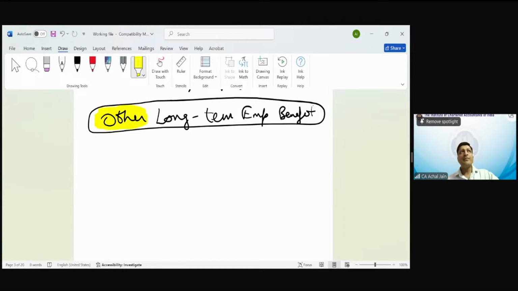It means a benefit which is neither short-term, nor post-employment, nor termination. That is what you have as long-term employee benefit. Now let's take an example of this long-term employee benefit, and of course, how is this required to be accounted for?